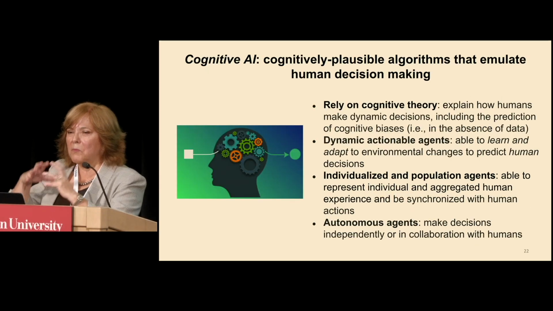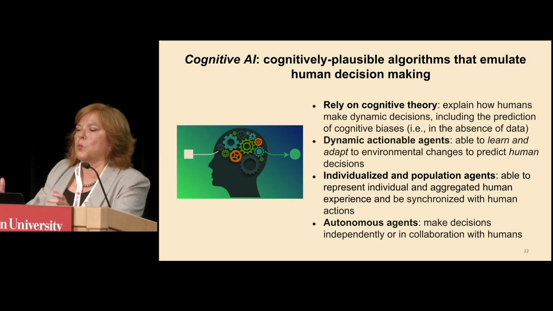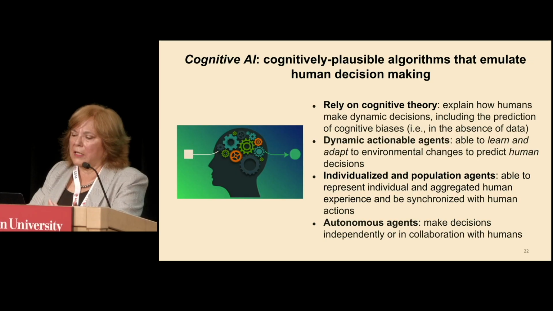So to put it more generally, IBL is one example of many other cognitive AI algorithms. These are the cognitively plausible algorithms that can emulate human decision-making.